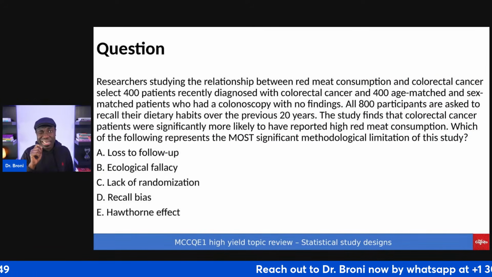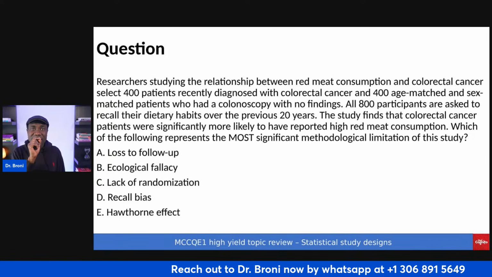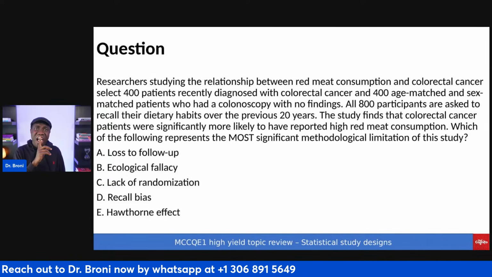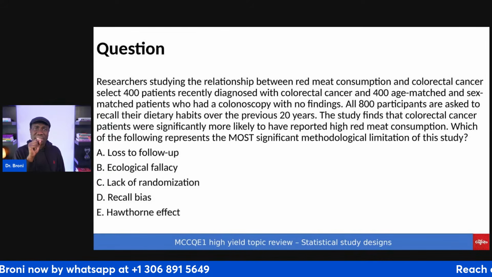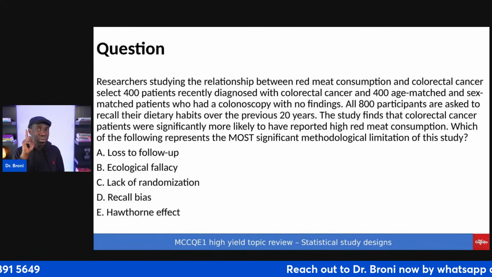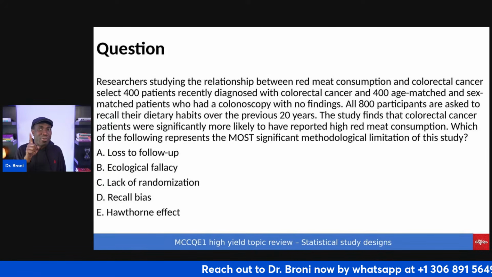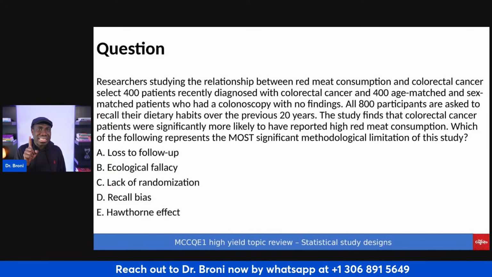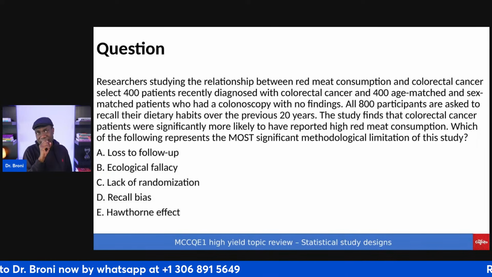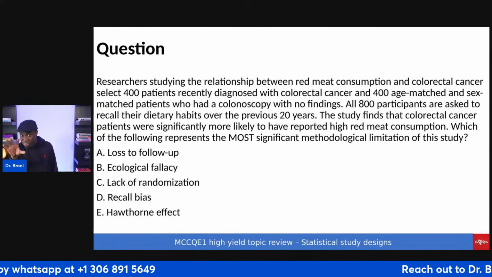Researchers studying the relation between red meat consumption and colorectal cancer select 400 participants recently diagnosed with colorectal cancer and 400 age-matched and sex-matched patients who had a colonoscopy with no findings. Please look at it very well.